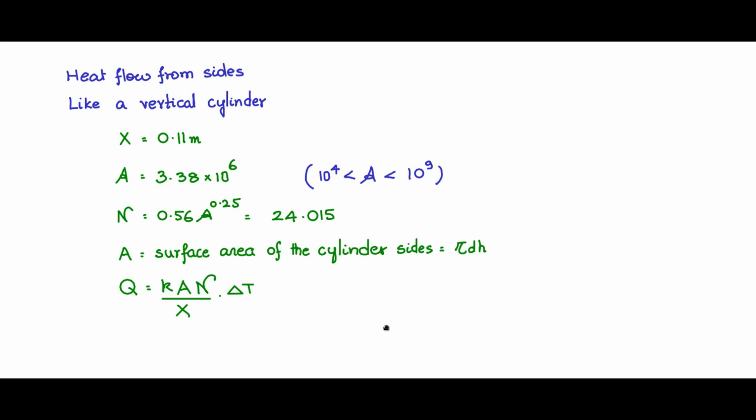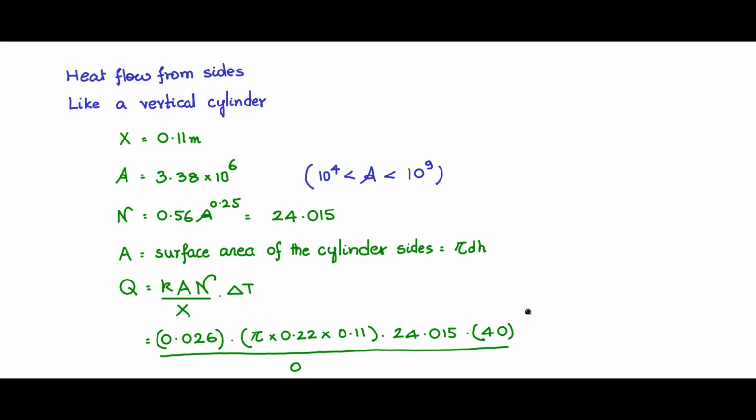All these values are known. We can substitute 0.026 for the thermal conductivity of air. A is the area of the sides of the cylinder, pi d h, pi into 0.22 into 0.11, into Nusselt number 24.015 into delta T, which is 40 degrees Kelvin, by X, again 0.11.